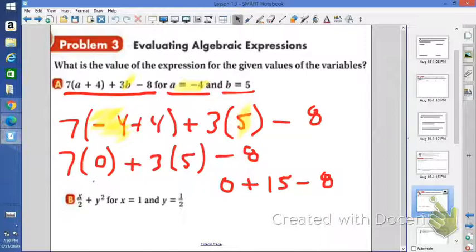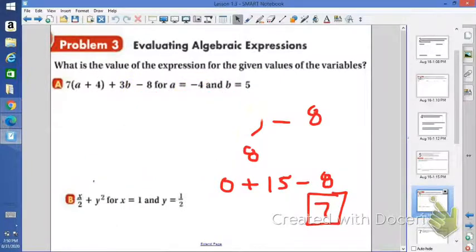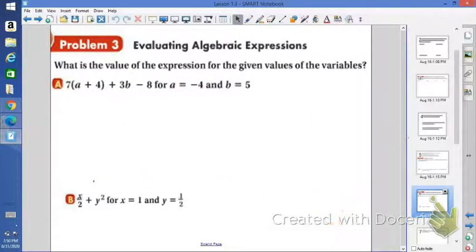And now from left to right, we're going to go ahead and solve. So 0 plus 15 is 15. 15 minus 8 is 7. All right, let's erase and do the next one.